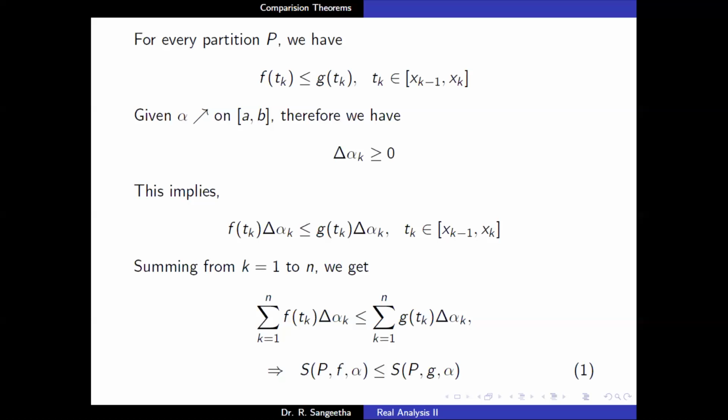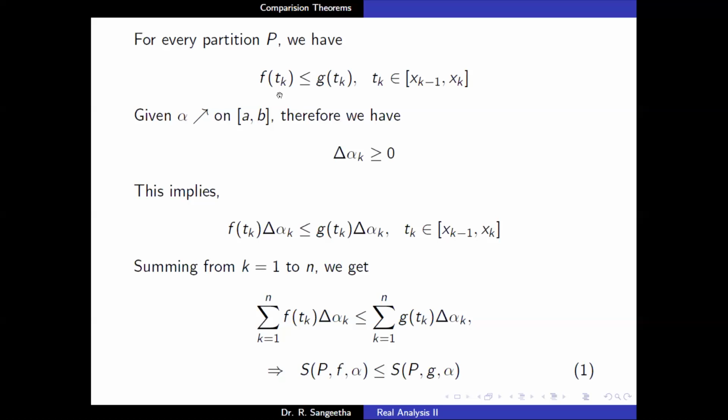Okay, so what is given to us? f of x is less than or equal to g of x. If you take a partition, then partition means what? Our partition will break our closed interval ab into small subintervals, and in each interval we can compare the values of f of x and g of x, because f of x is less than or equal to g of x for all x in the closed interval a comma b.